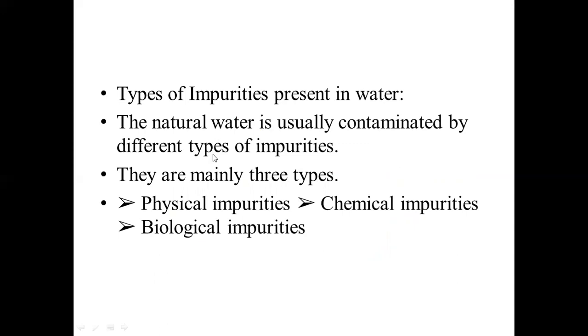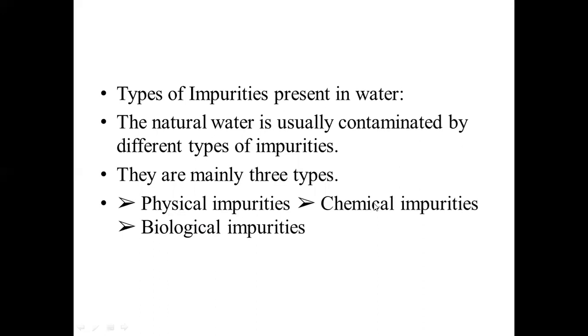So what are the different types of impurities that contaminate the natural water present on our earth? Very important. The three main types of impurities are physical impurities, chemical impurities, and biological impurities.